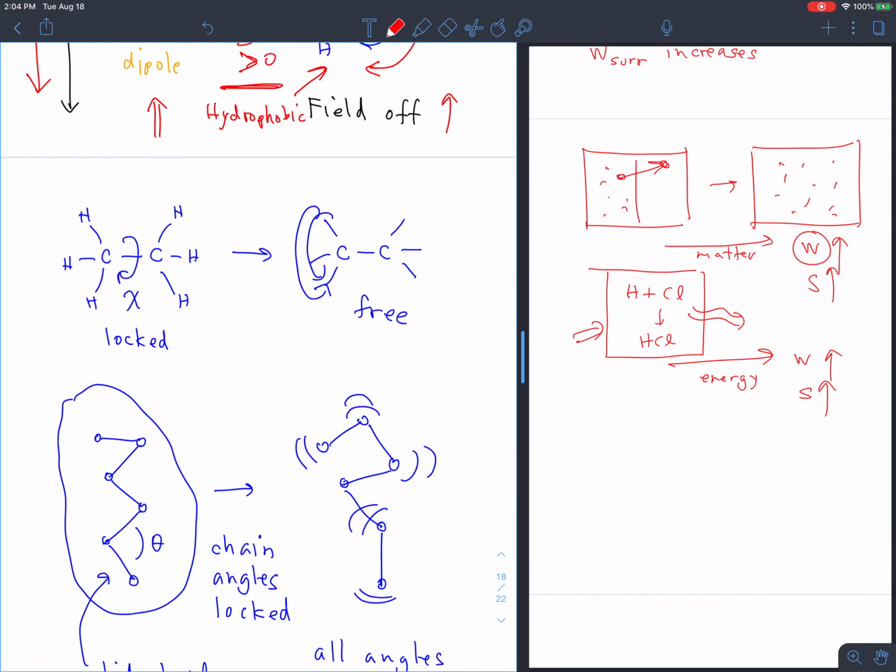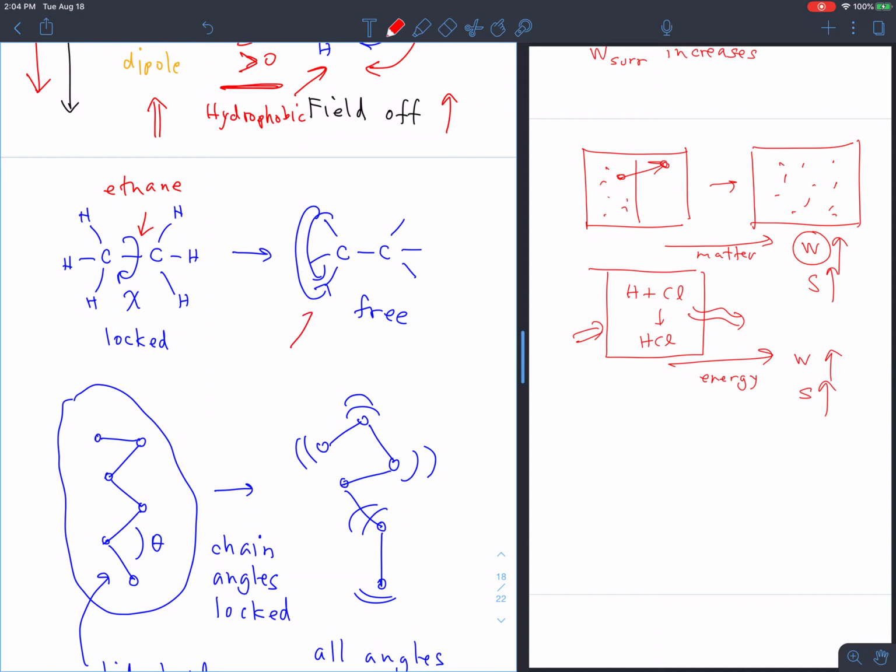If I have a molecule like ethane here that has a single bond in the middle of it, and let's suppose somehow, I don't know right now how exactly that would be done, but let's suppose I lock that single bond. I guess I could make it a double bond partially somehow. Anyway, let's suppose I lock it. Then there's a degree of freedom, the rotation about that bond, that is restricted.